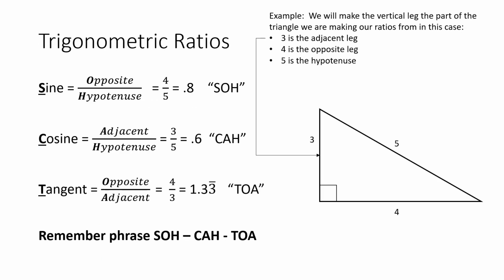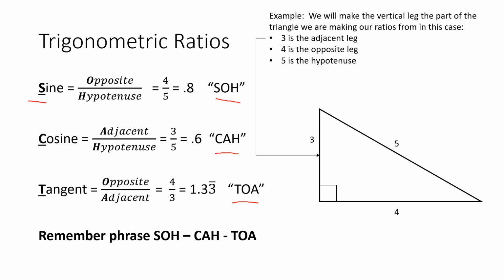Now, the best way to remember this is the term SOHCAHTOA. And we have certain terminology here. We want to look at the sine. The sine is the opposite over the hypotenuse.